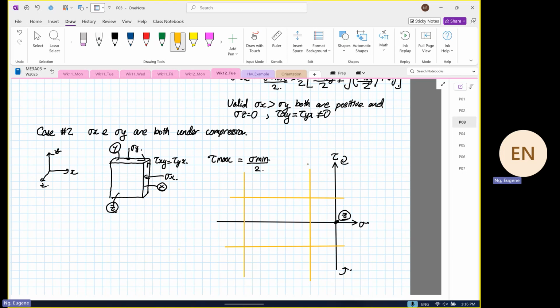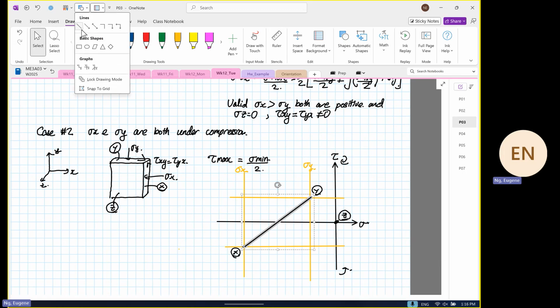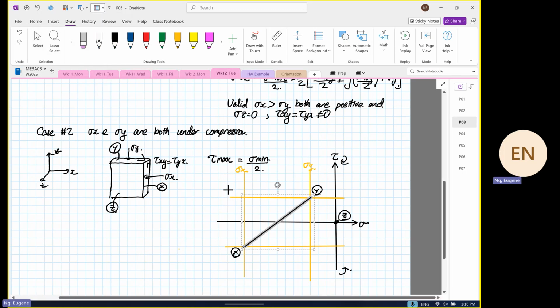So this is our stress Y. We assume that stress X is more compressive. So for stress X, the element will rotate in anti-clockwise direction. For Y, it'll be in the clockwise direction. Then we draw a line across. Then we sketch our Mohr circle from here. And now you can see Y is compression.